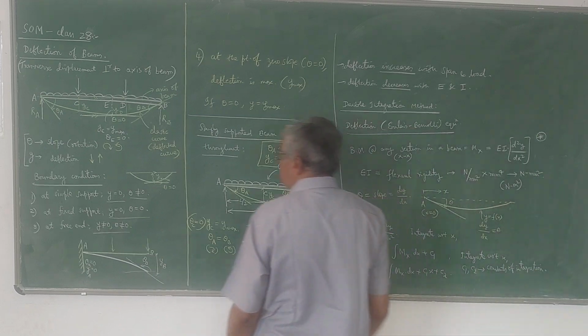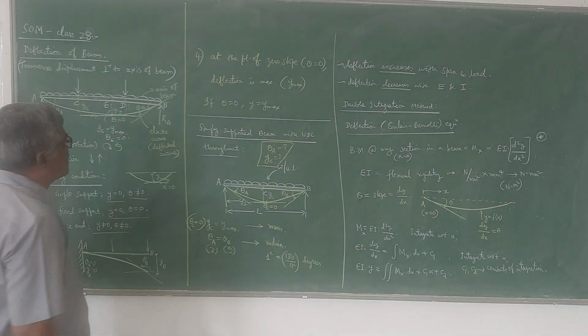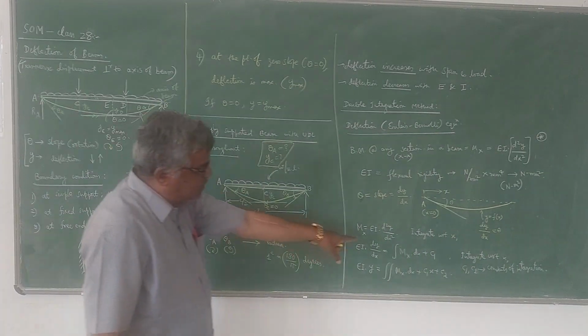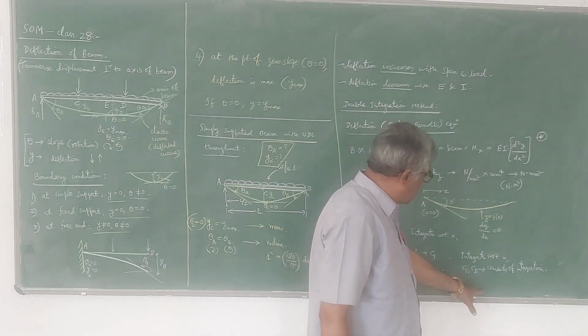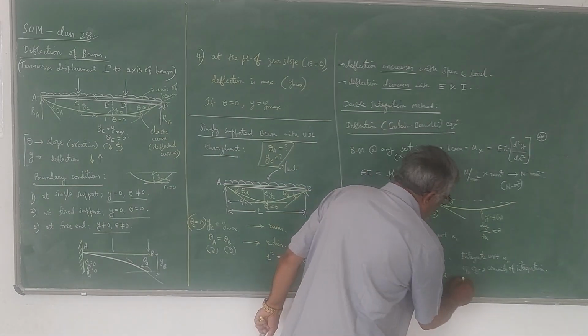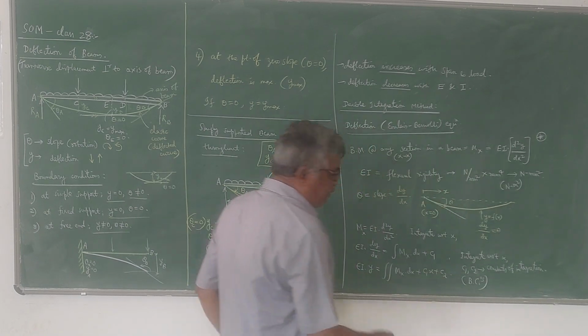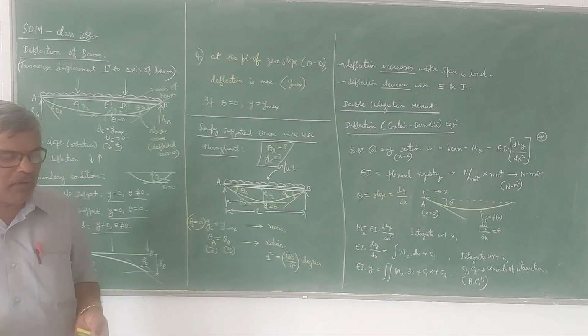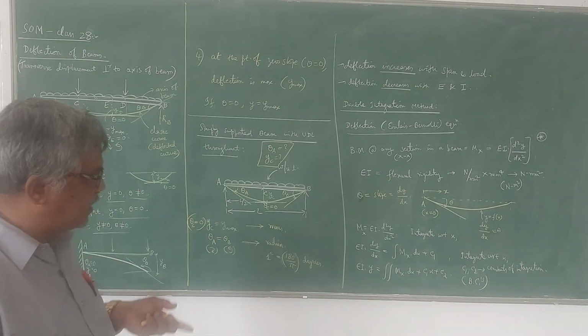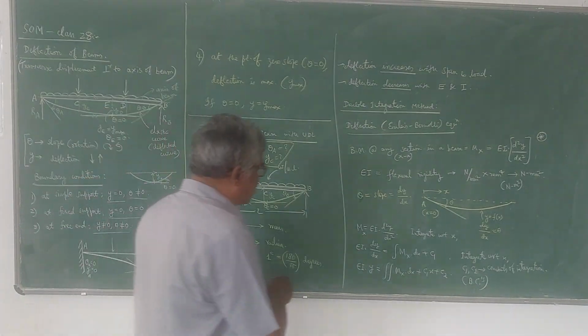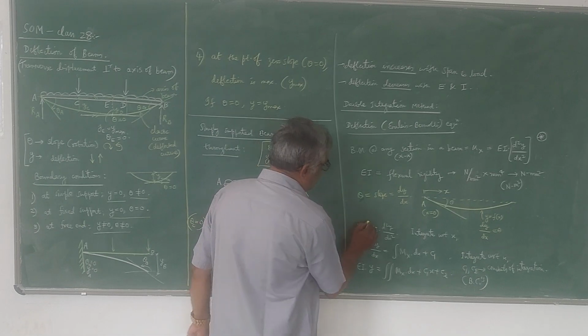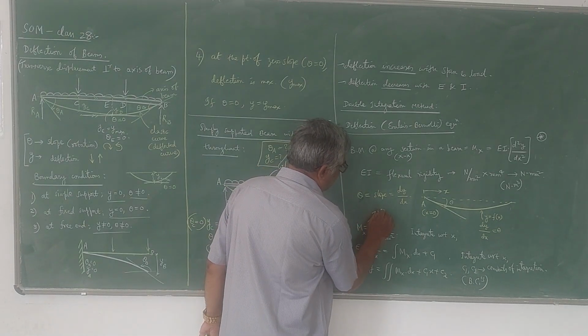So we have to use these boundary conditions. I have written some of these here. We need two boundary conditions to get the two unknown constants C1 and C2. Depending on the type of the beam and the problem, we have to use the boundary conditions. This first equation is the moment equation.